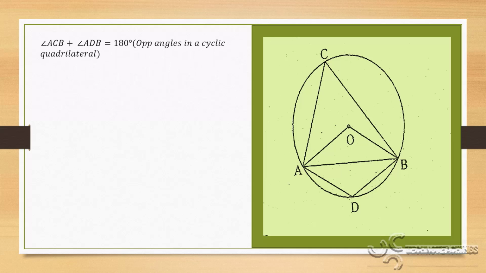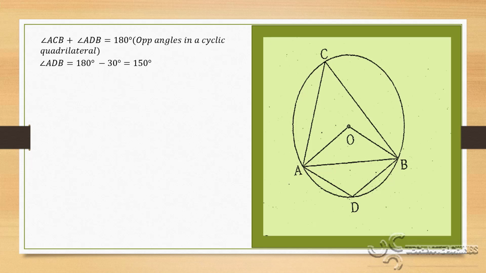Therefore, angle ADB is equal to 180 degrees minus 30 degrees. ACB is 30 degrees, so shifting it to the right hand side, 180 degrees minus 30 degrees. Finally angle ADB is 150 degrees.